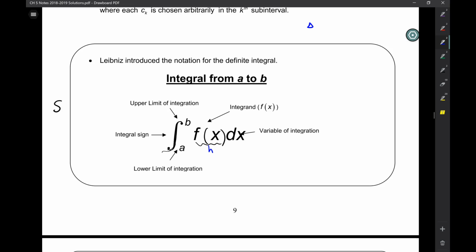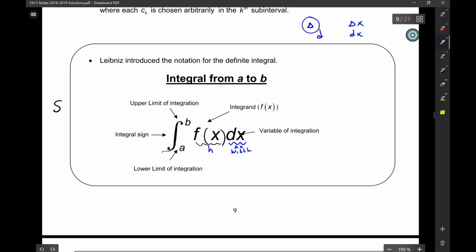So A, B, C, D. Delta, the fourth letter, gives you the D sound. So rather than having delta x in Greek, in Latin it'll be dx.